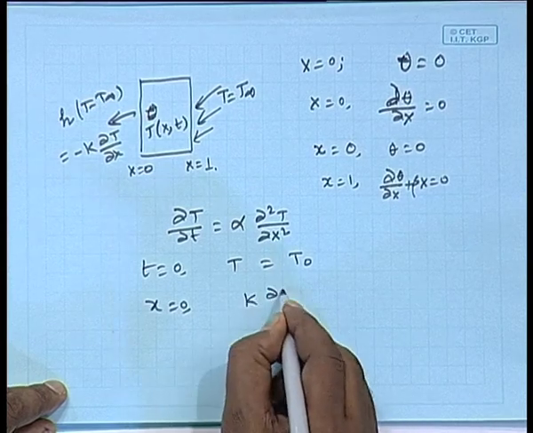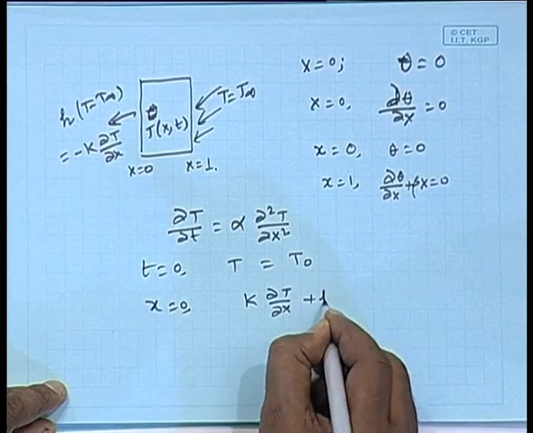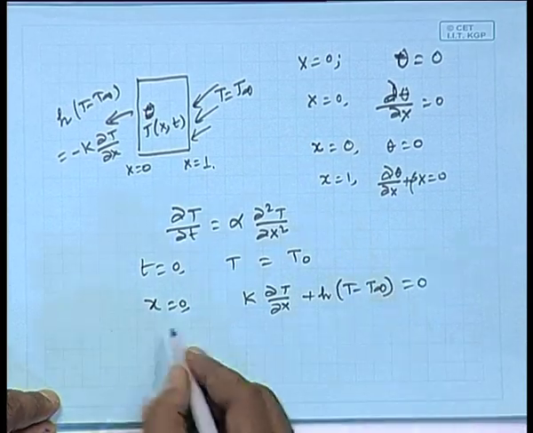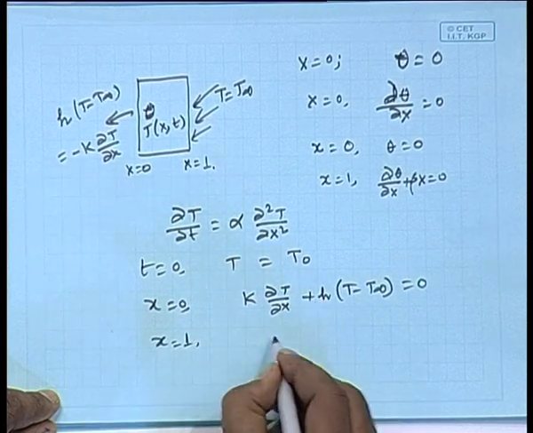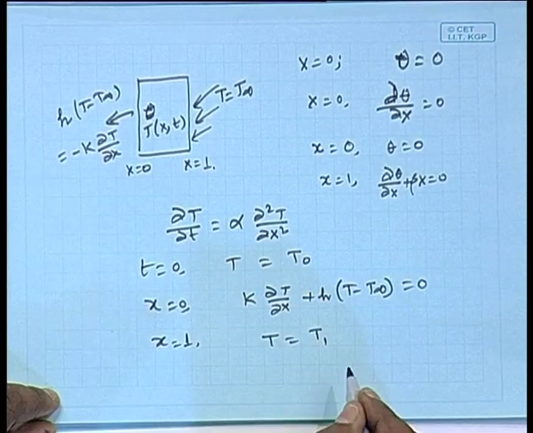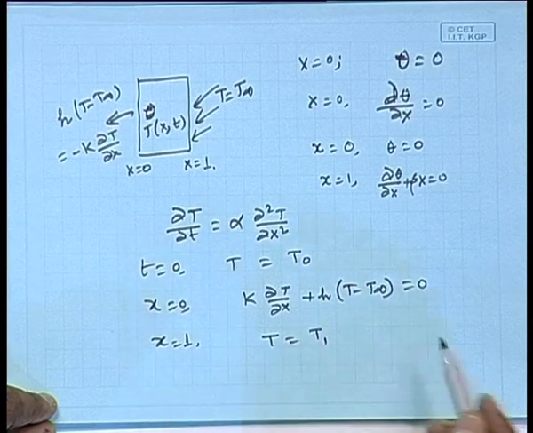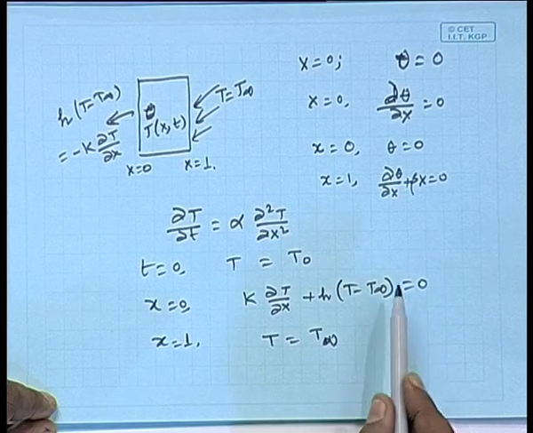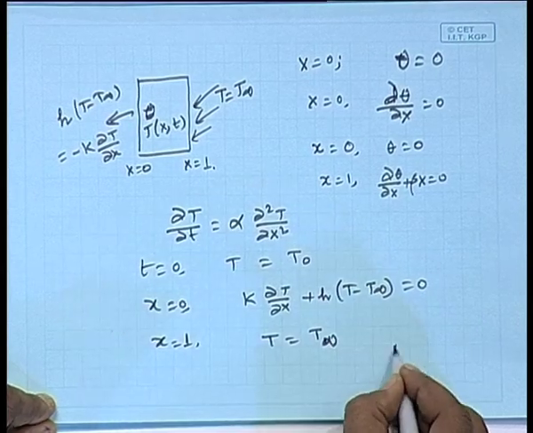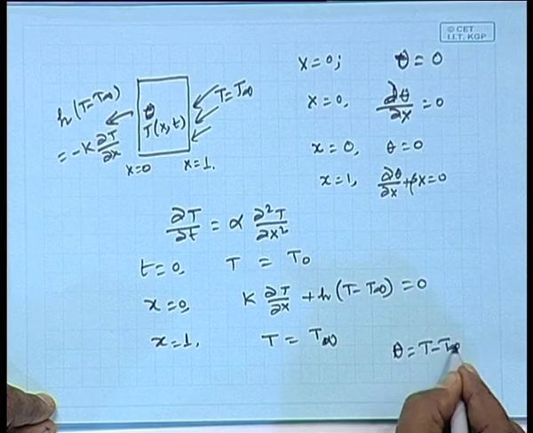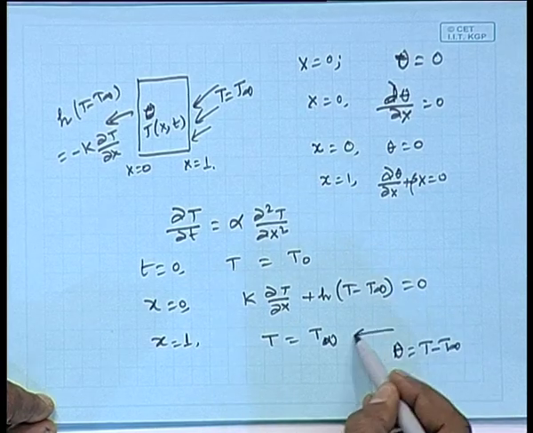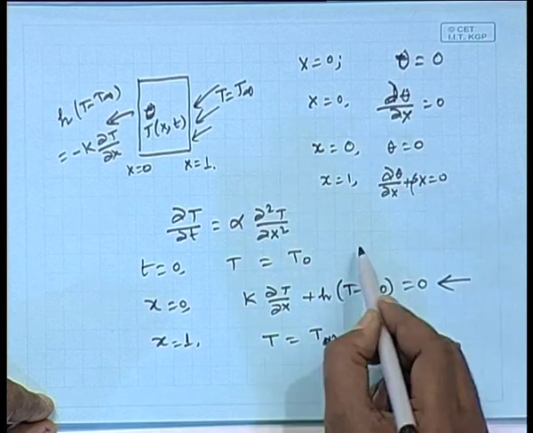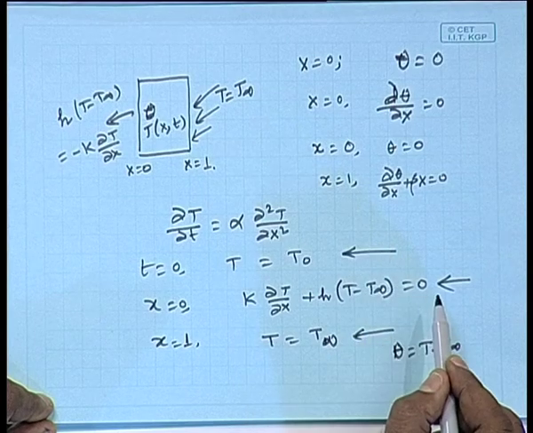So, k del t del x plus h t minus t infinity is equal to 0, and at x equal to 1 you are having t is equal to t1. Now, let us say this is t infinity. Okay. Now, you can define a temperature theta is equal to t minus t infinity. By doing so, you can force this boundary condition to be homogeneous, and again this will be non-zero initial condition.